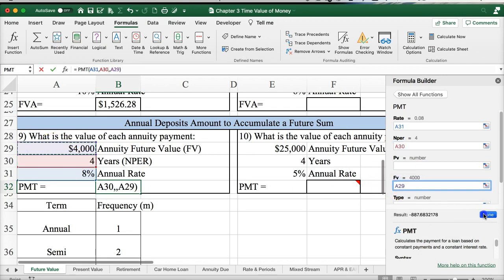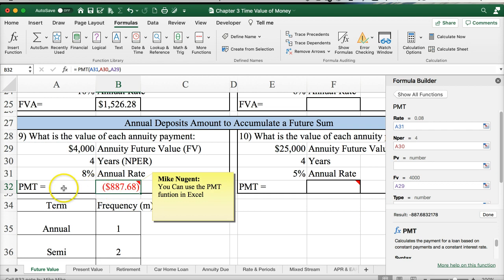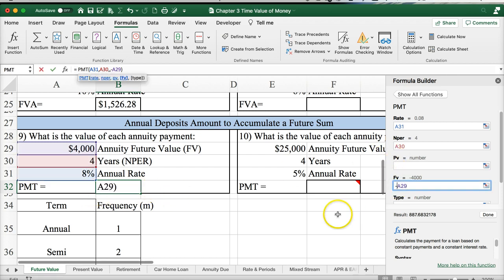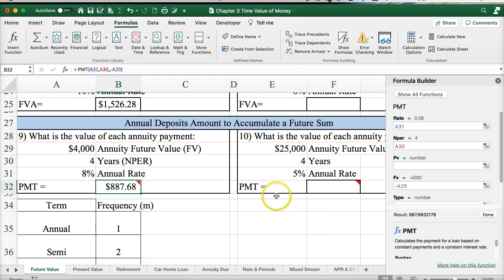If I calculate this, it'll tell me that I'll need to save $887 a year. It's negative because it's a negative cash flow, as you're taking money out to save for this project. This is how much I have to save to get to 4,000. If you don't like this negative amount, you could just put a negative sign in front of the future value if you wanted to make this positive.